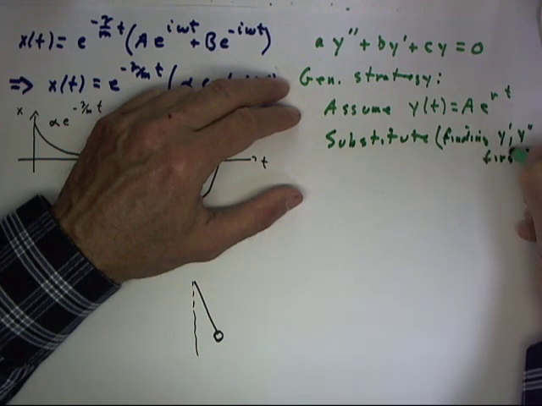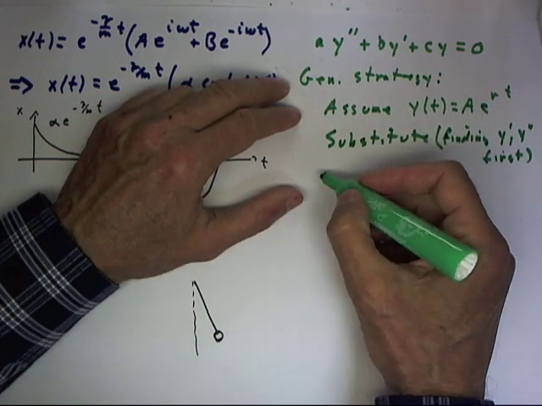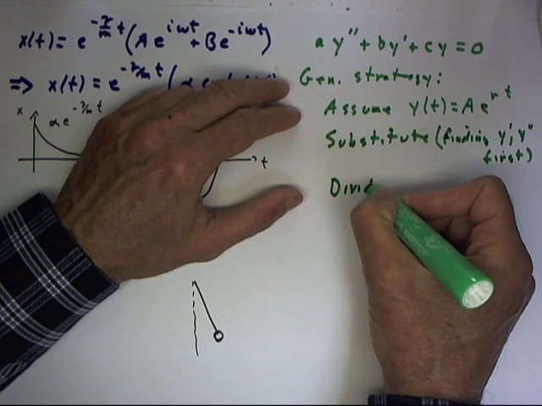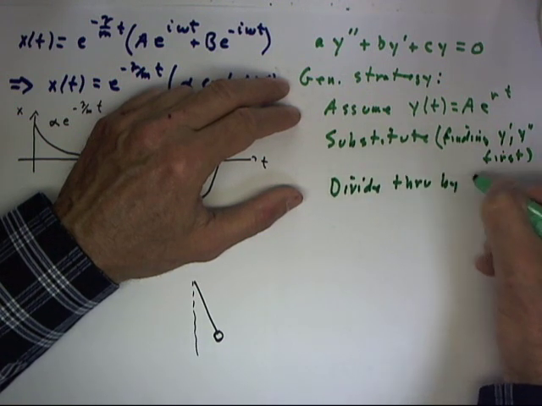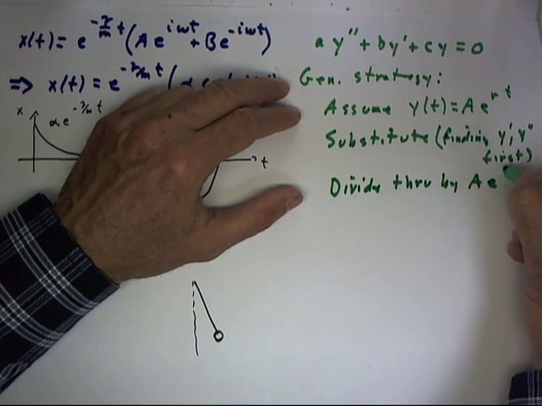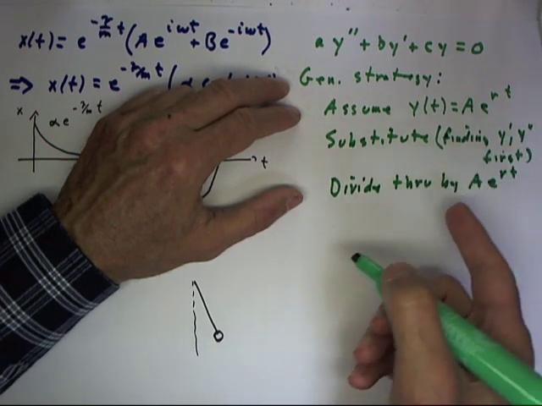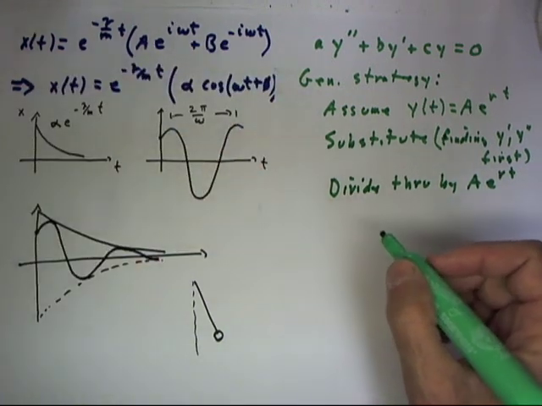So before we substitute, we probably want to find those derivatives. Then divide through by a e to the rt, because every one of these terms will have an a e to the rt as a factor.